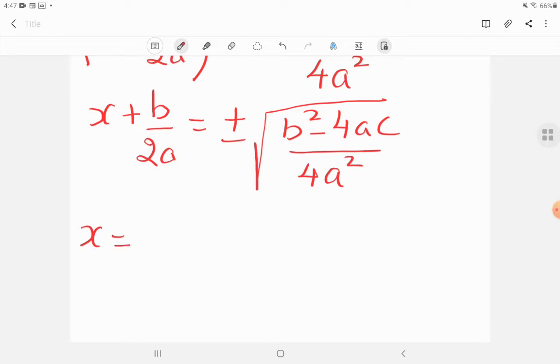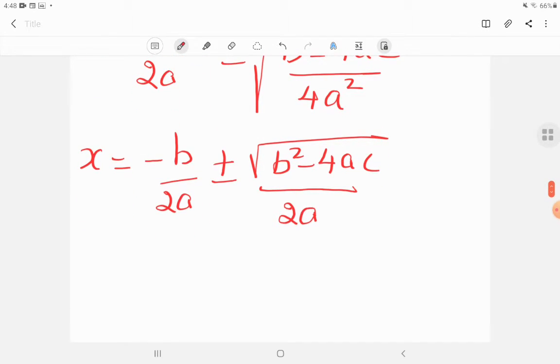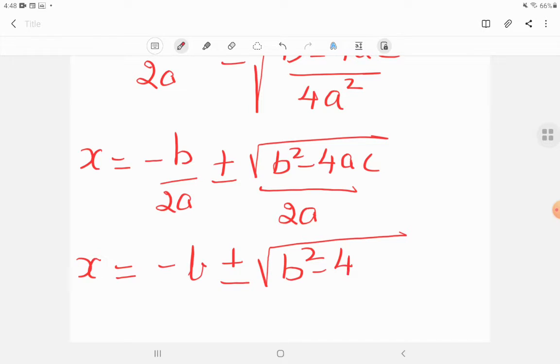So x is equal to minus b over 2a plus or minus the square root of b squared minus 4ac. And the square root of 4a squared is nothing but 2a. Thus we have shown the proof of this formula. Therefore the quadratic formula is minus b plus or minus the square root of b squared minus 4ac, divided by 2a.